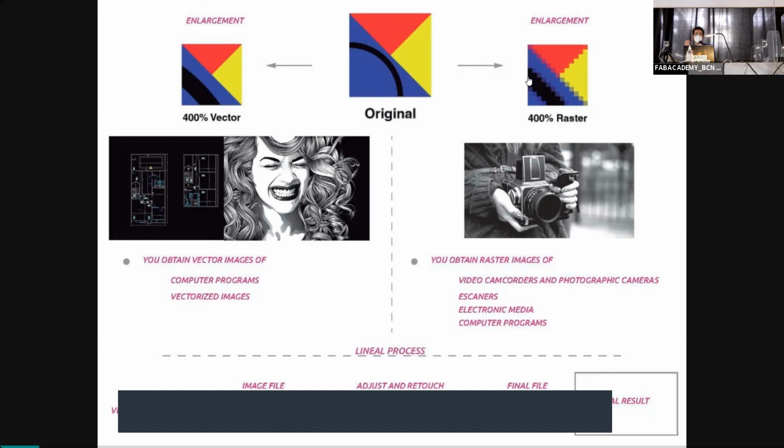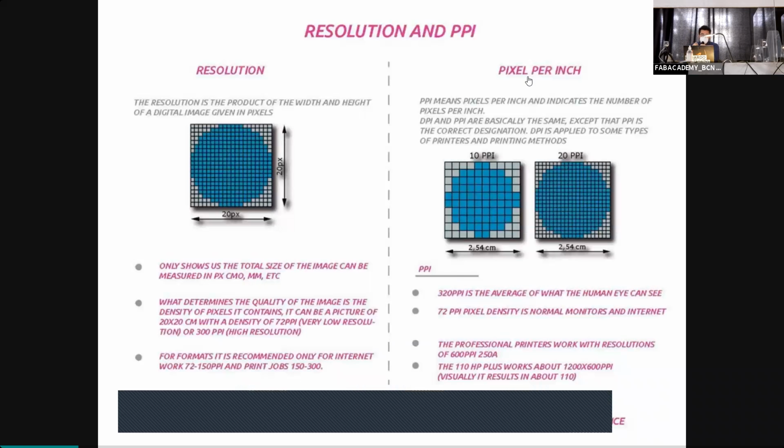So vectorizing a raster file is usually not really accurate. When we talk about pixels, we have the resolution and the density. One thing is not strictly related to the other.